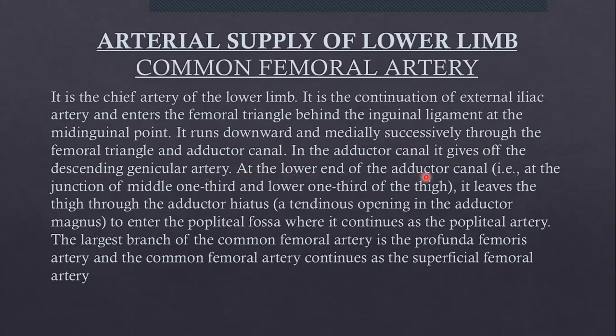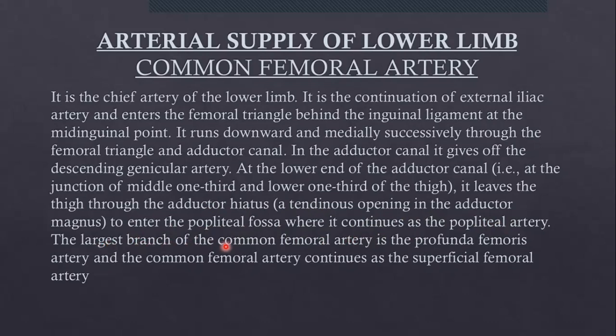Then at the lower end of the adductor canal, which is usually found at the junction between the middle 1/3 and the lower 1/3 of the thigh, it leaves the thigh through the adductor hiatus. The adductor hiatus, as I had mentioned earlier, is an opening in the adductor magnus muscle to enter the popliteal fossa. It continues as the popliteal artery.